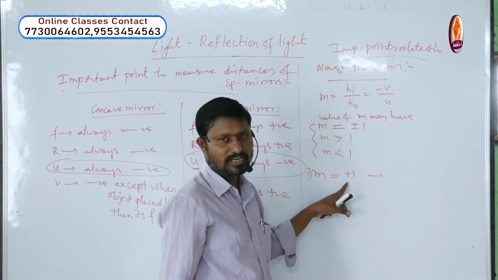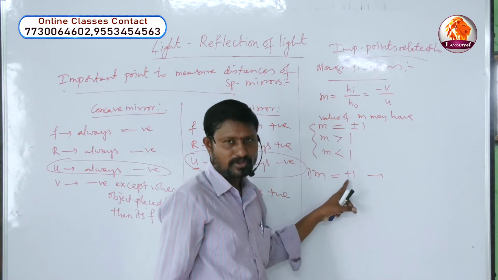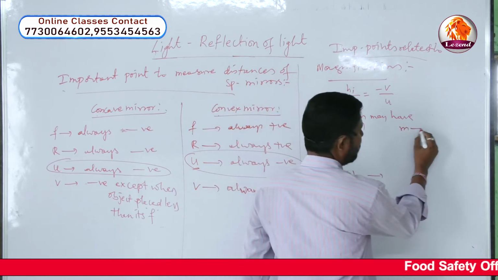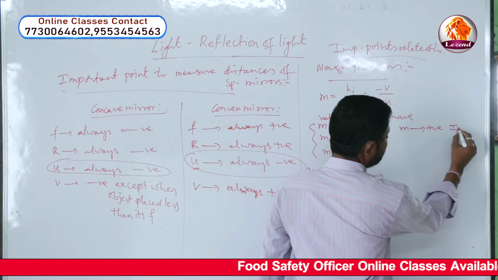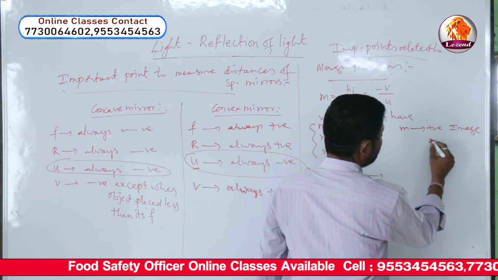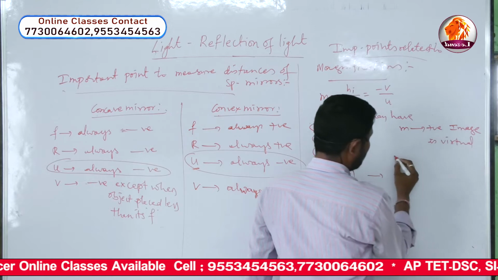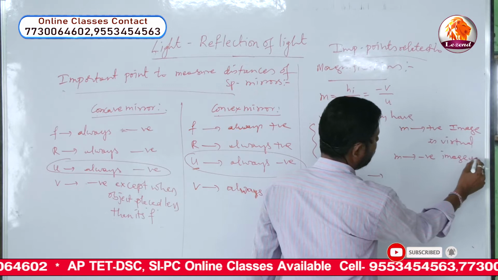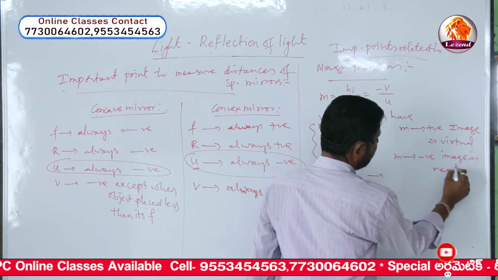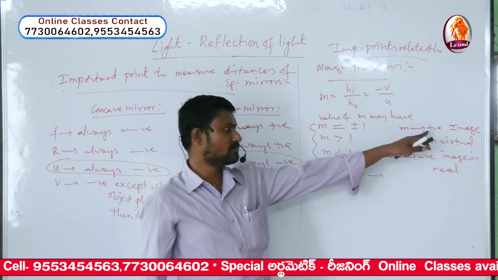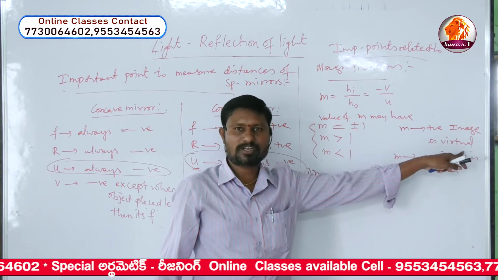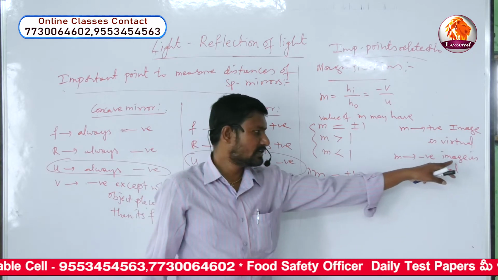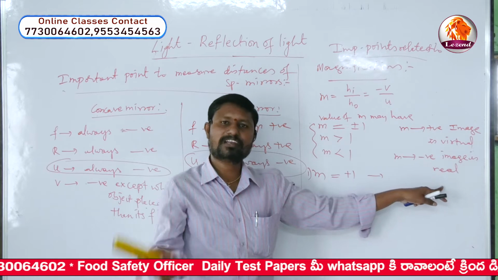Whenever you get a positive m value, the image is virtual; we cannot catch it on the screen. If the m value is negative, the image is real; we can catch it on the screen. Remember that.